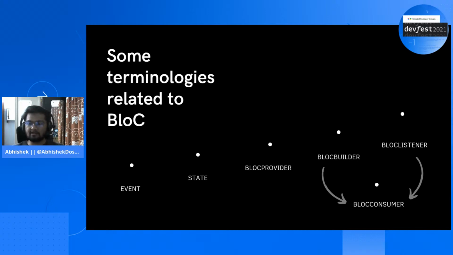Then we do the processing, or we log in the user, and then we have a success state or failure state, right? So these would be your states: login loading state, login success state, and login failure state. So this is event and state. These are, you can say, the basics of BLoC.